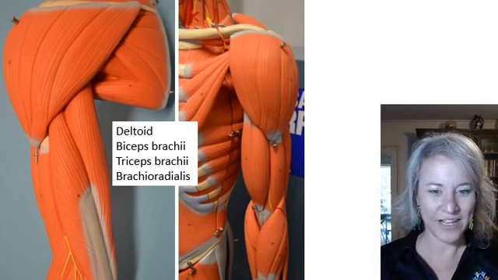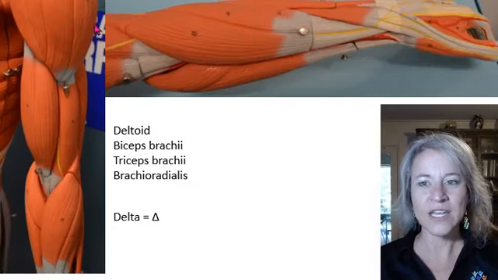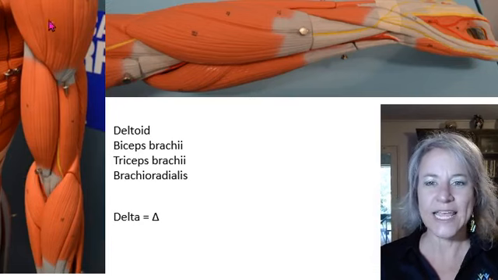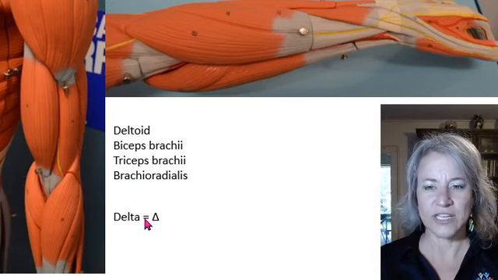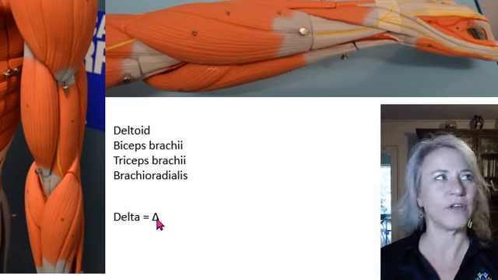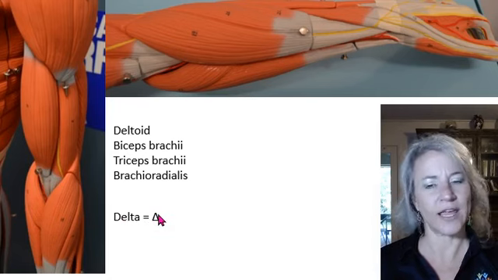Okay, I have another slide of these. So this one here, the deltoid, was named because it's shaped like the delta, which is the capital delta in the Greek alphabet, a triangle.